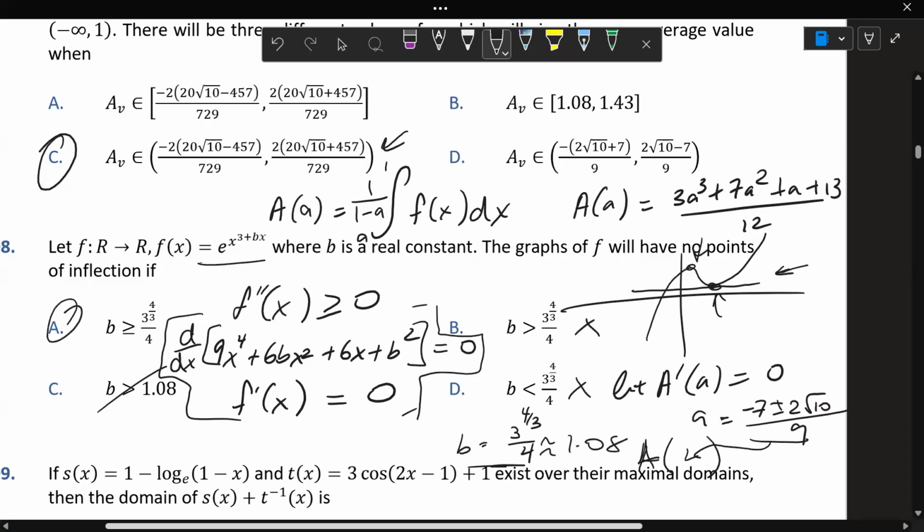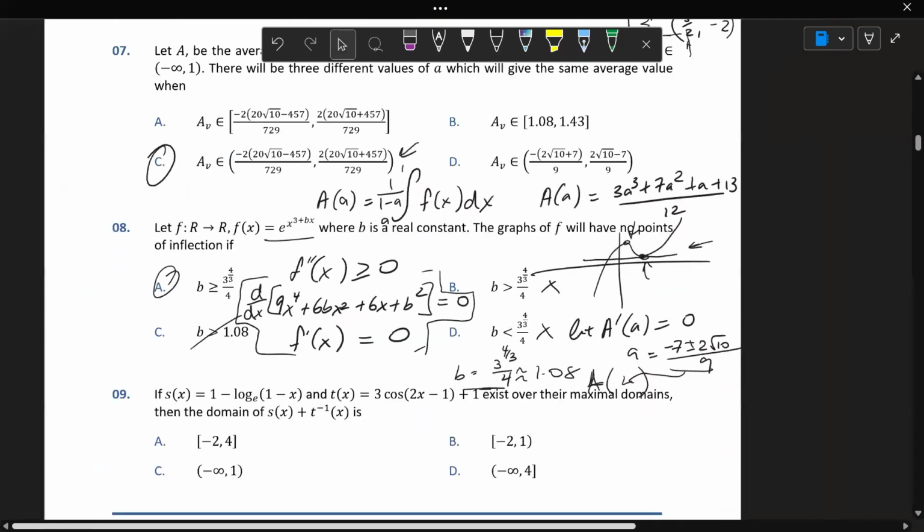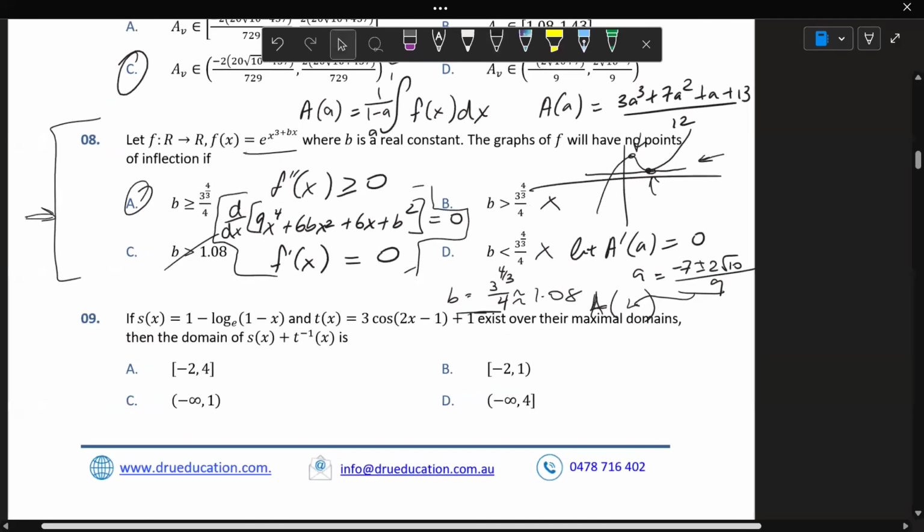So it had to be this. And I believe that was the answer here. Yeah, okay. This question I will go through again at the end, because it's pretty difficult and I feel like I butchered the explanation.